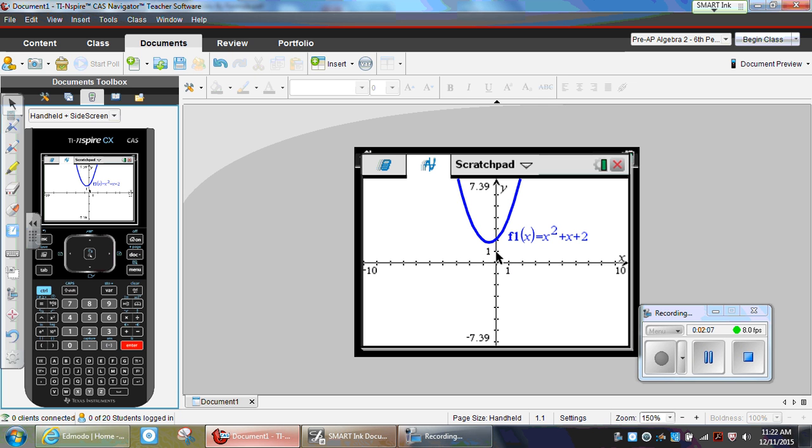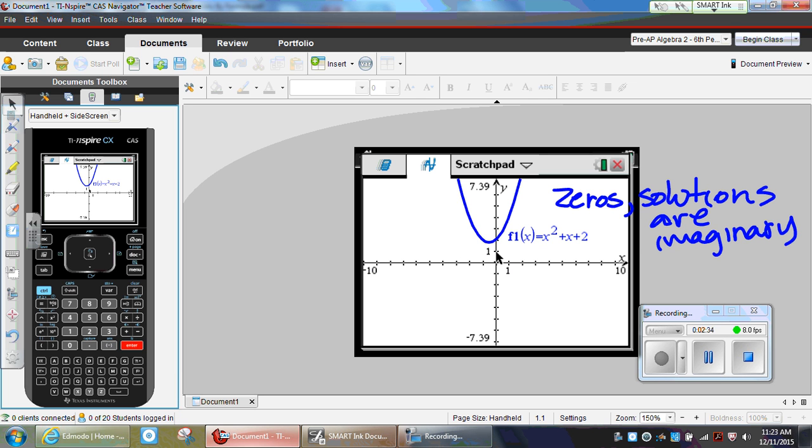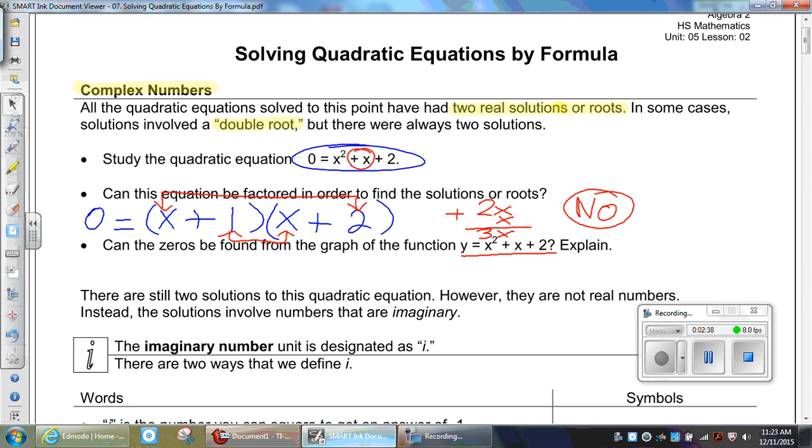We cannot find the solutions graphically because it does not have x-intercepts. What that means is that the zeros or the solutions are imaginary. So it does have a solution, we just cannot find it graphically or numerically by looking at the table.